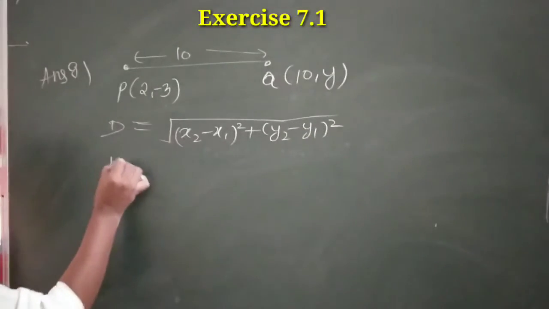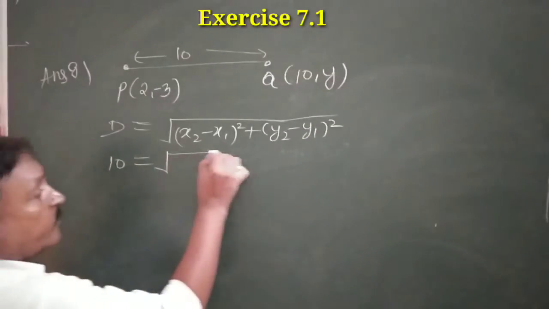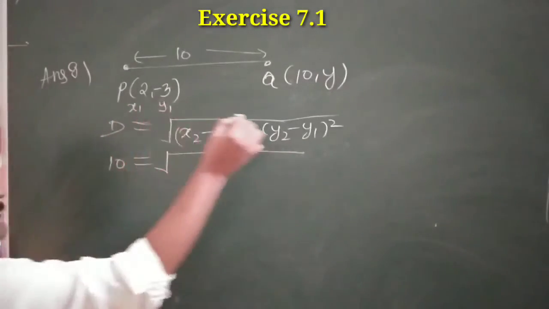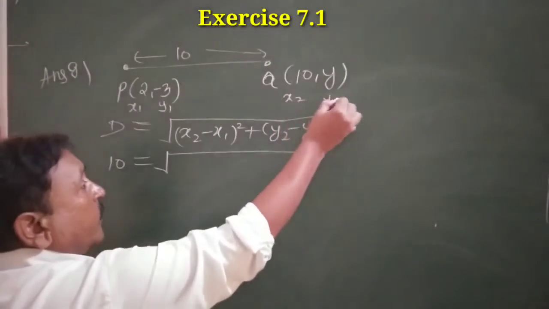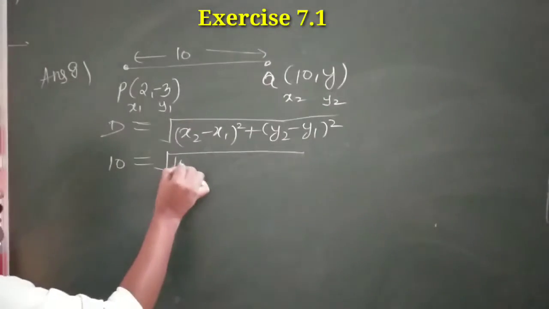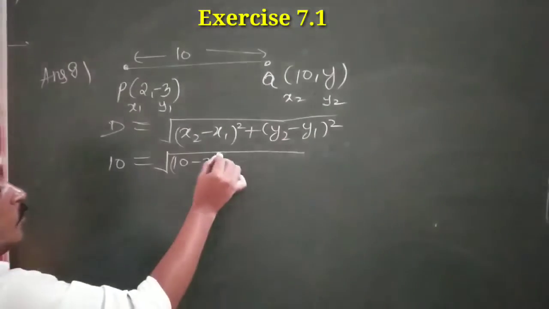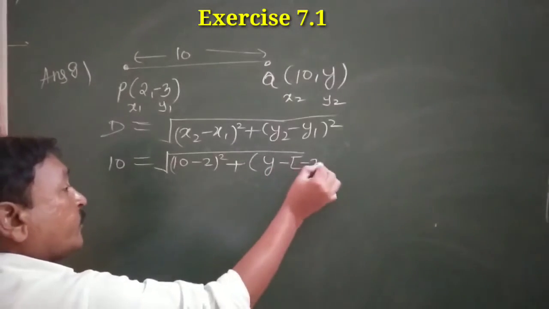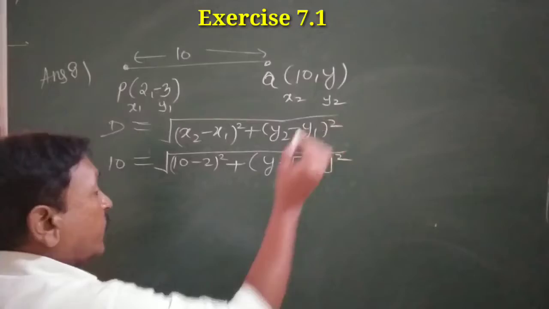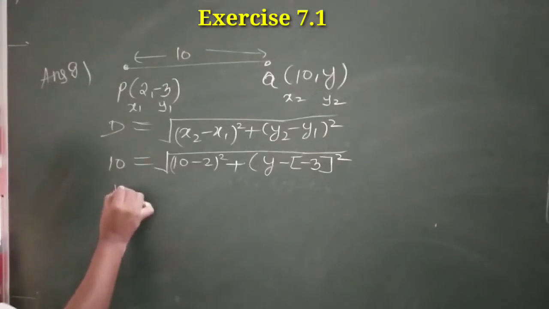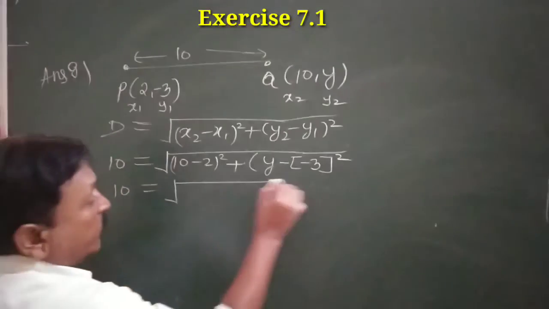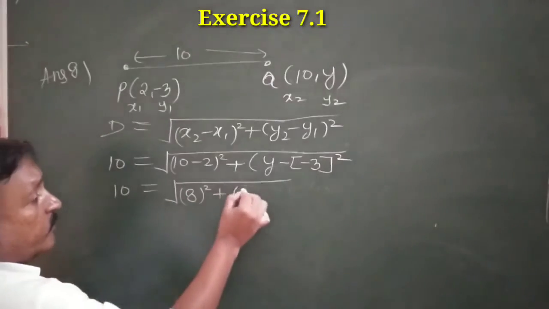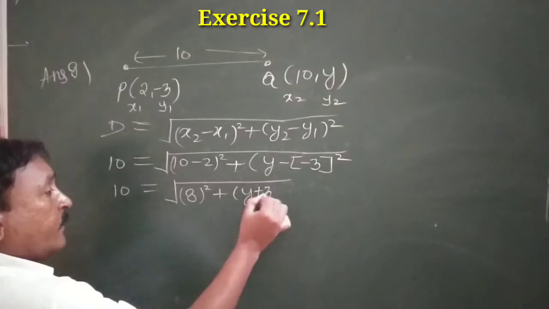The distance is 10 here. So 10 equals, taking the first point as x1, y1 and the second as x2, y2, the square root of (10 minus 2) whole square plus (y minus (-3)) whole square. So 10 equals the square root of 8 square plus (y plus 3) whole square.